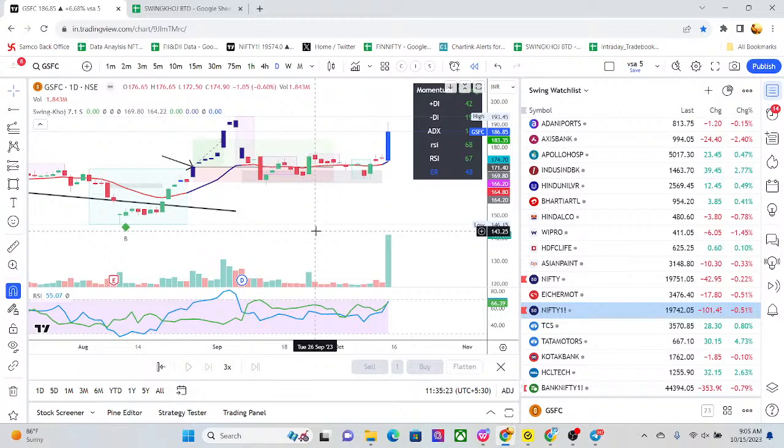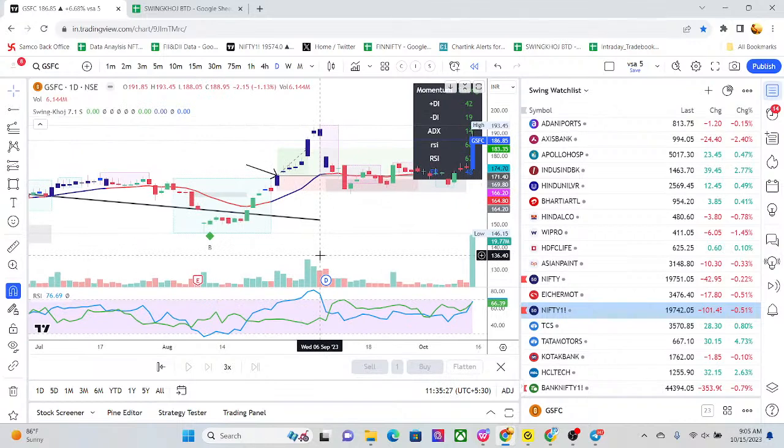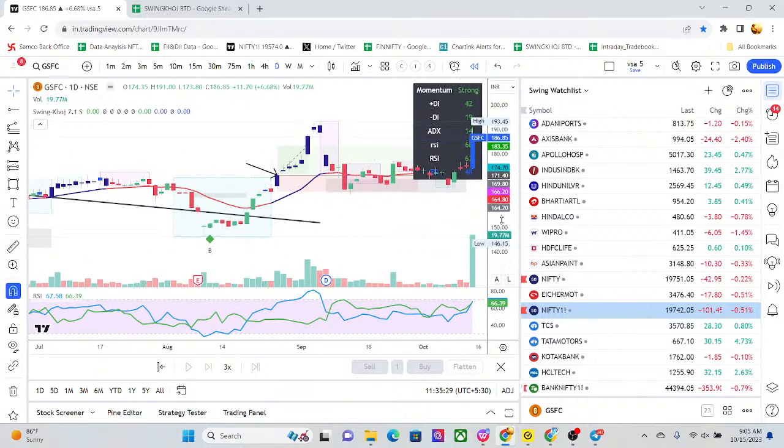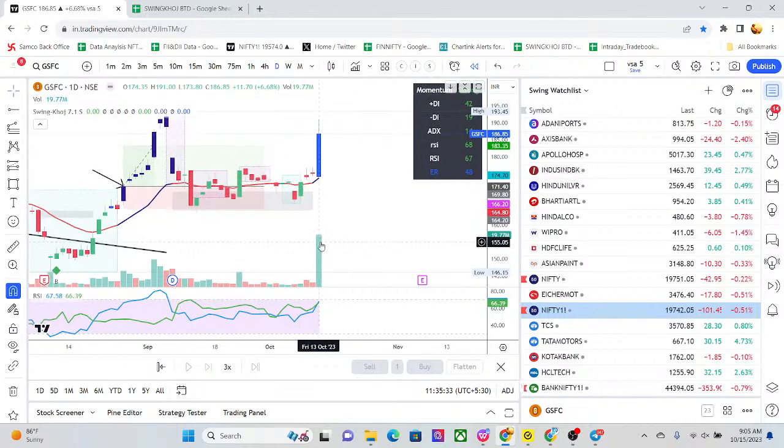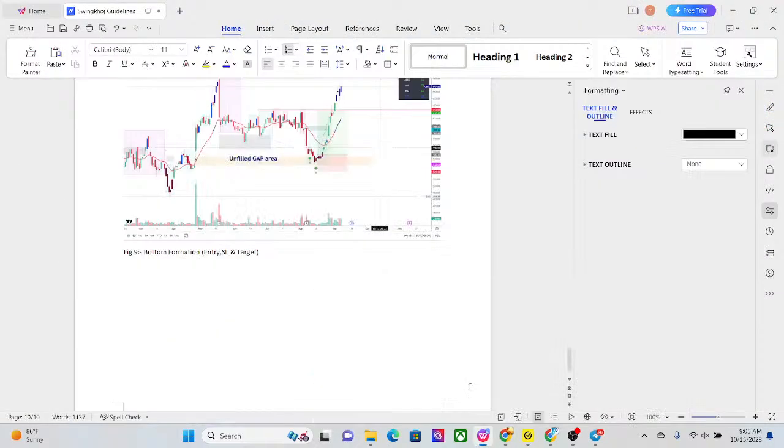So pick one strategy that suits your style. Maybe pullback trading is for you, breakout trading is for you, or maybe momentum trading is for you. So figure out what is good.